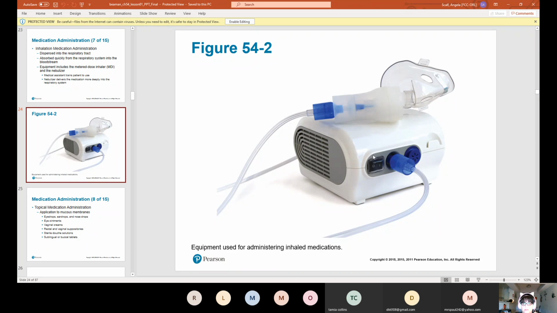So there's a bunch of different ones, but all of them are basically given the same effect, allowing that medication to become a vapor so that it's easily breathed in.